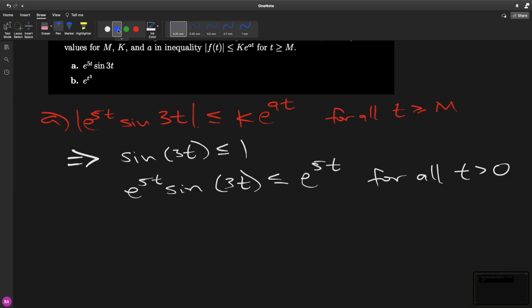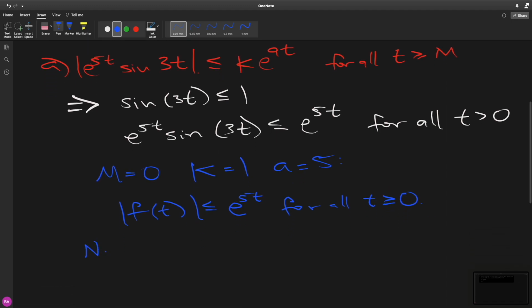If we set the value m to be 0, k to be equal to 1, and a to be equal to 5, then we have f(t) is less than or equal to e to the 5t for all t greater than or equal to 0. This function is not exponential.